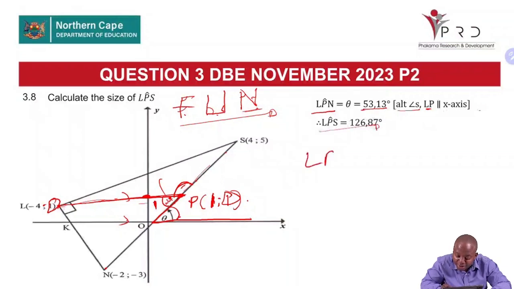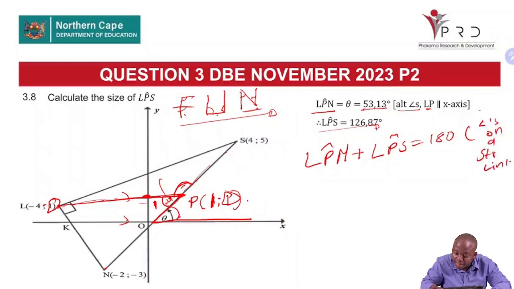We'll say LPN plus LPS is equal to 180. Why? These are angles on a straight line. So angles on a straight line are supplementary.